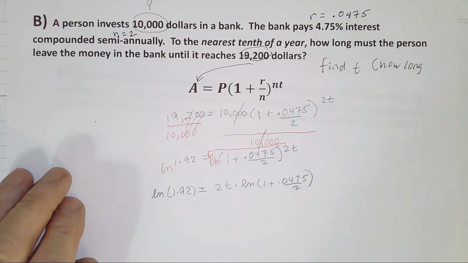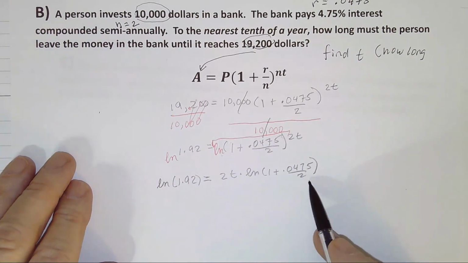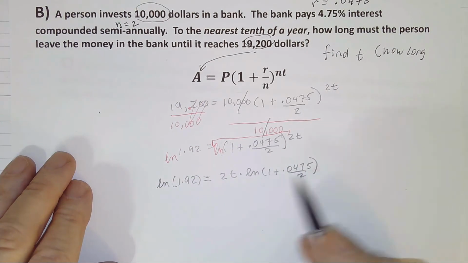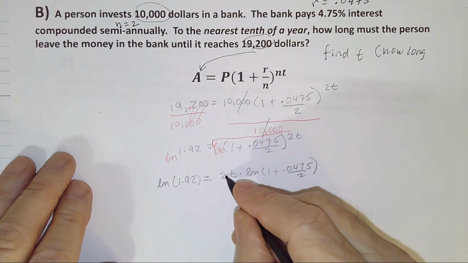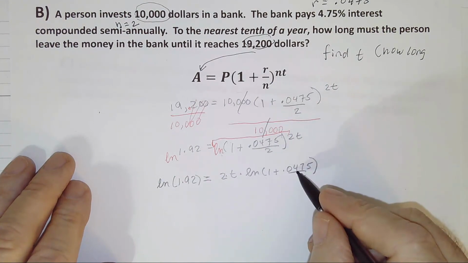Okay. So again, I can get rid of everything but the t because all this is multiplied together. Everything's multiplied together. Now this number in here, I'm going to change.